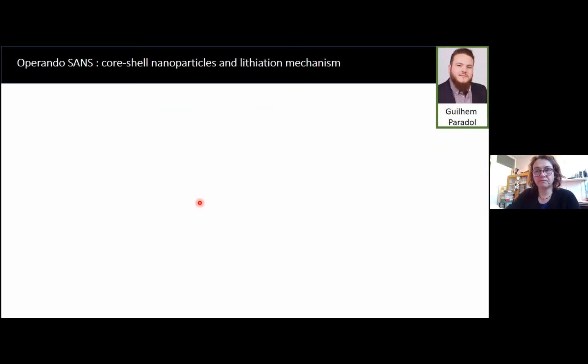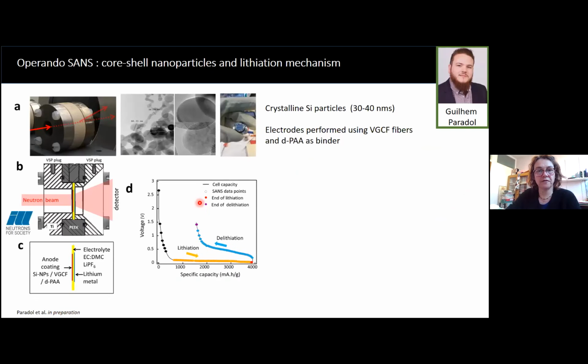So we investigated electrodes that are made of silicon nanoparticles in the range 30 to 40 nanometers. The electrodes were made using VGCF fibers as conductive agent and deuterated polymer as a binder. We designed a specific cell for this experiment, which is neutron transparent and compatible with the SANS measurement.